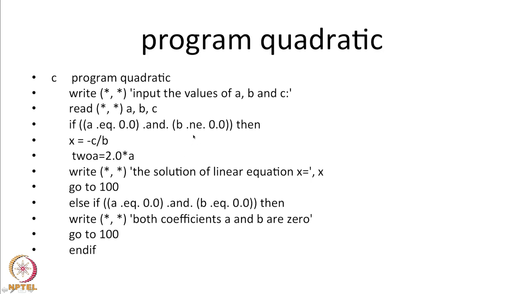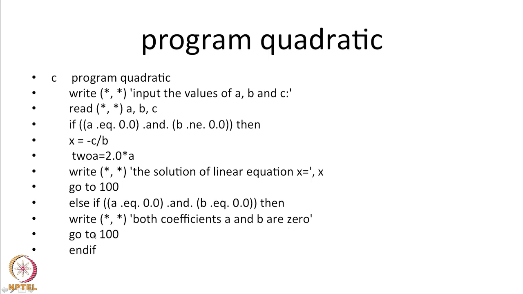But now suppose b is also equal to 0. You will come to this second part of the if statement if a is equal to 0 and b is also equal to 0. If both these are 0, then there is no equation. So, we just print that both coefficients a and b are equal to 0, and then you again exit, go to 100.